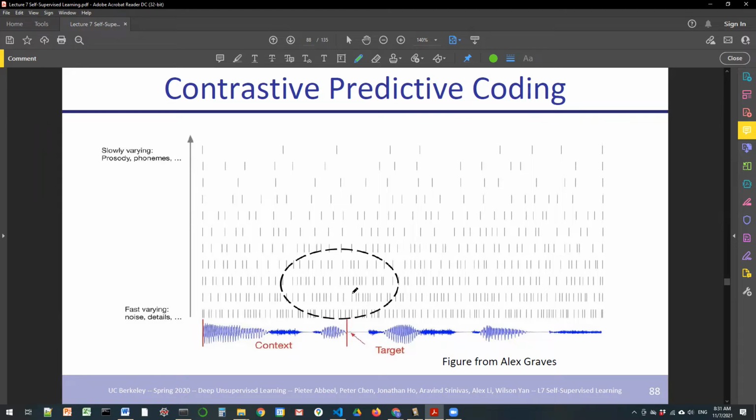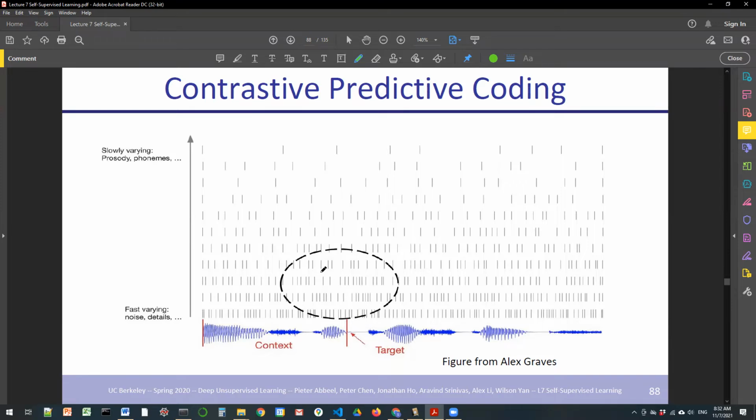So what it's trying to learn through the setup we have of the encoder and then the autoregressive model on top of that is things which are in this domain. By that I mean the things that are of a semantic nature that then help it to do well in other downstream tasks. So it is the slow varying, high content like the phonemes or the identity of the speaker.